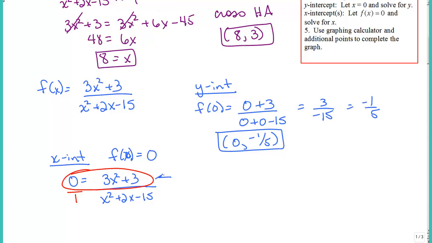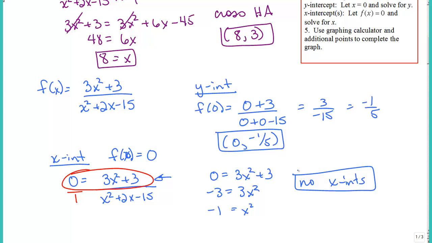So we're going to set the numerator equal to 0 and solve for x. I'm going to stop right there because if I take the square root, I get an imaginary number, which doesn't exist on a real valued function, and so that tells me there are no x-intercepts. Alright, so I have some vertical asymptotes, I have a horizontal asymptote, I have a y-intercept, and I know it crosses the horizontal asymptote at (8, 3), and that's what I want to plot.